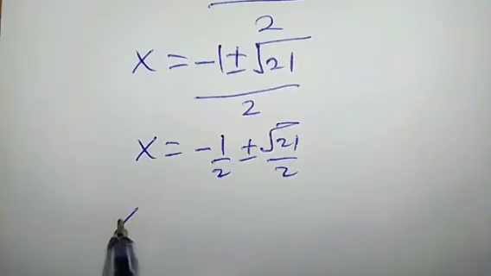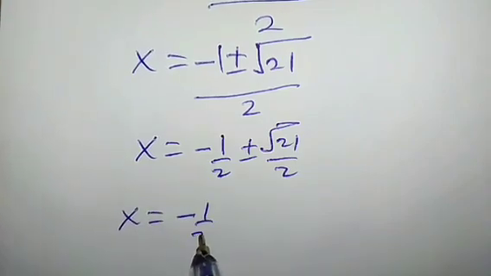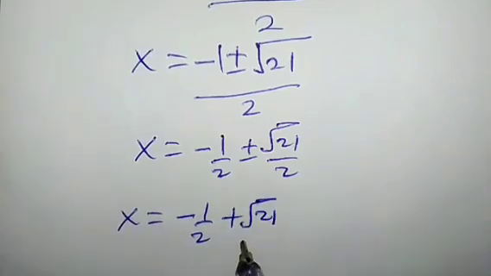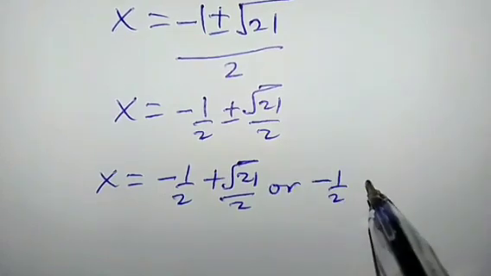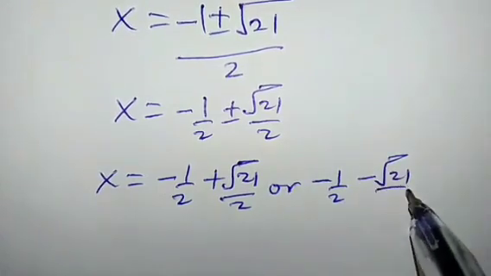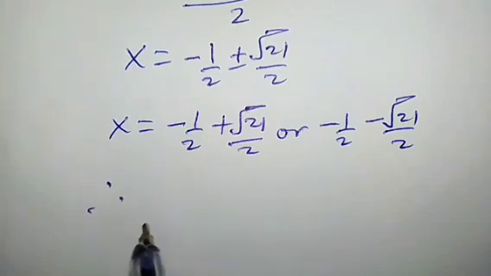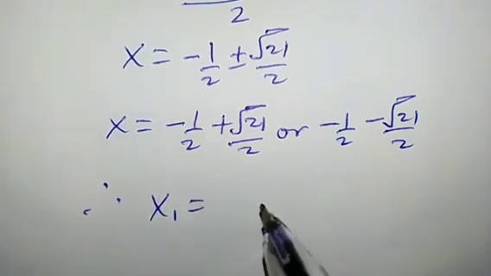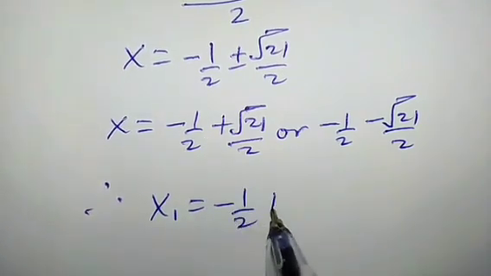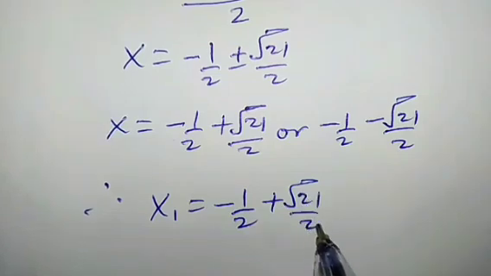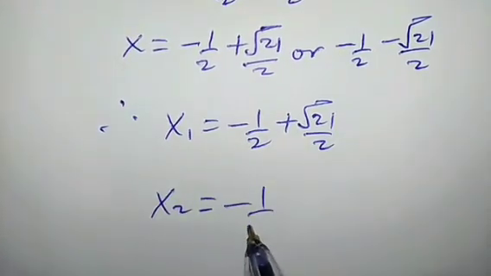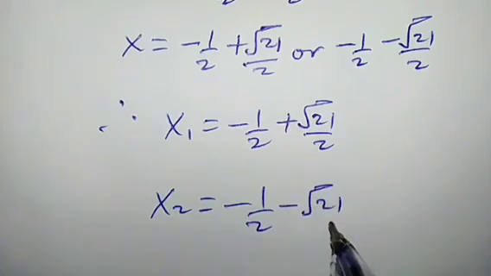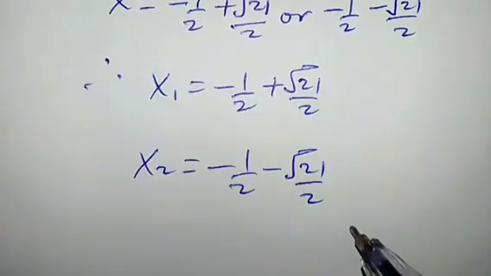So, x is equal to minus half plus square root of 21 over 2, or minus half minus square root of 21 over 2. Therefore, x1 is equal to minus half plus root 21 over 2, and x2 is equal to minus half minus root 21 over 2. This is the required value of x for this algebra question.